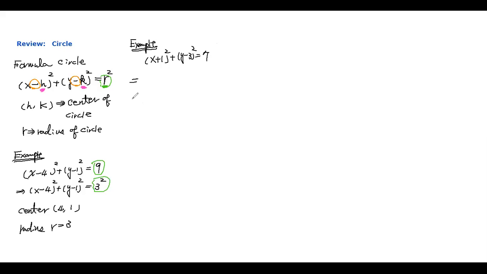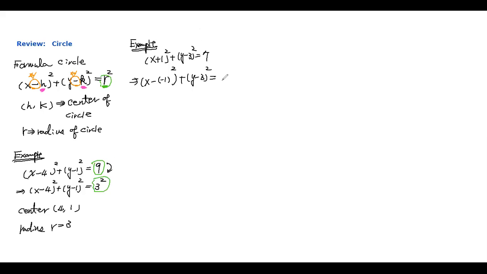This is x plus 1. Remember the key part of the formula is that they both need to be minuses. So because this is plus 1, you need to have x minus negative 1 squared, and then y minus 3 squared. And for the radius, remember, you need to switch it to something squared.